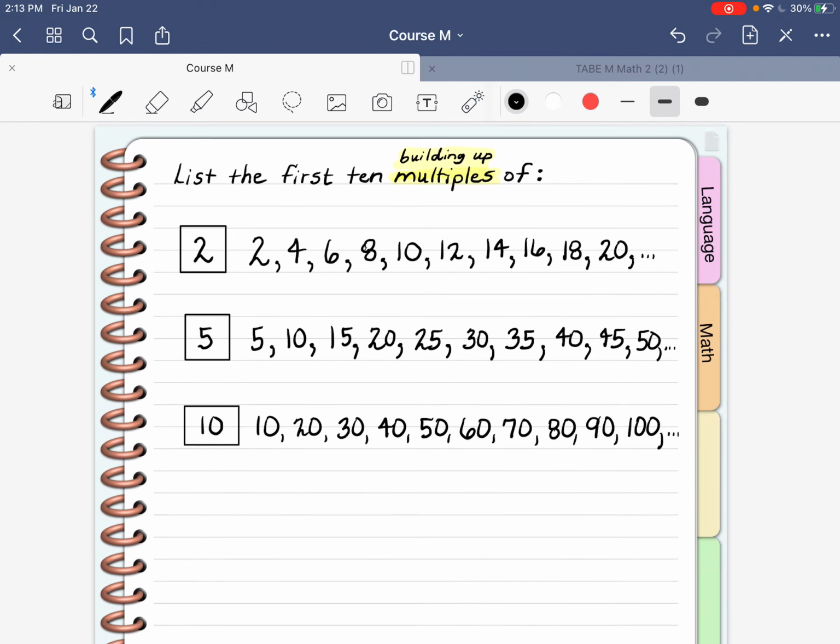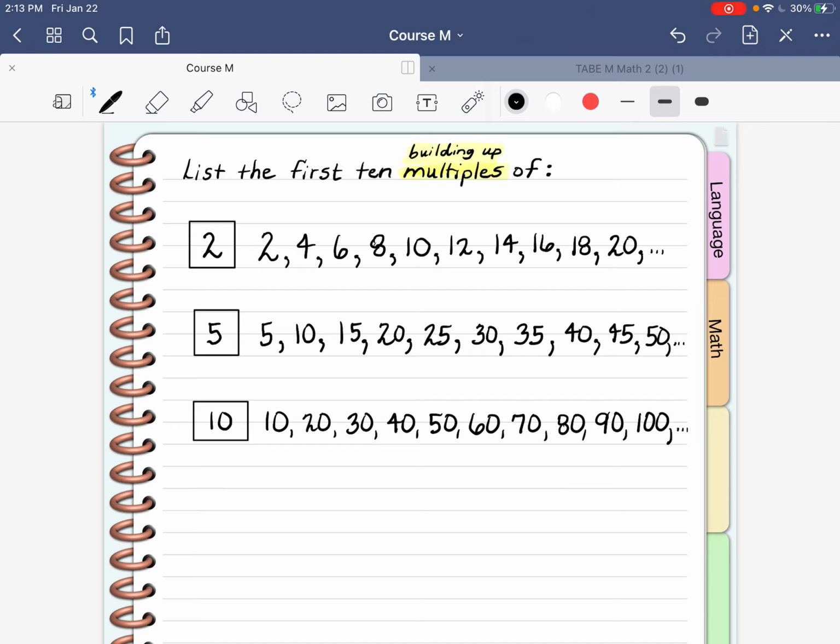You are listing multiples. Where have we done this before? Can you think of a place that you've done this before? Let me see if I can find it for you, just bear with me here.